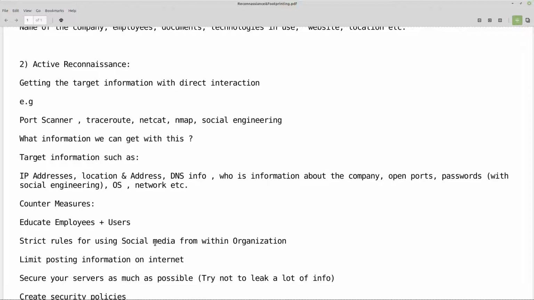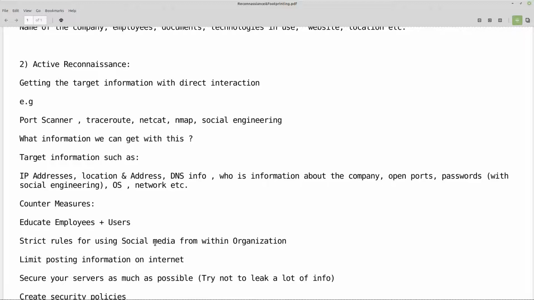Social engineering is also active reconnaissance because we are actively interacting with an employee of that company, or with the user over the telephone and so on, to gain information. Port scanning is also a kind of active reconnaissance because we are interacting directly with the target. So port scanners come under active reconnaissance as well as the scanning phase.